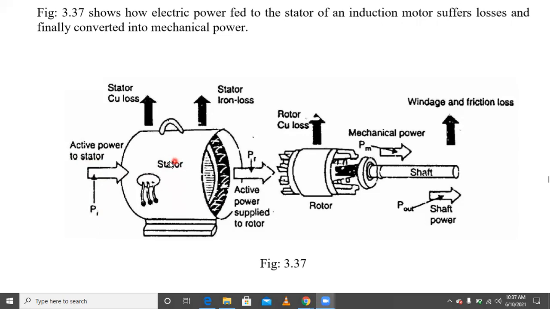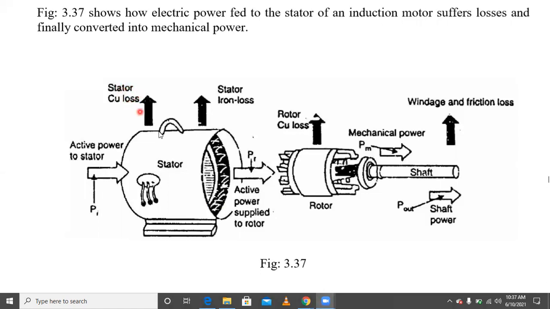This is the active power to the stator of the induction machine. We give the three-phase supply to the three terminals of the winding. The stator has winding, so it has some resistance, and because of that resistance stator copper loss takes place.